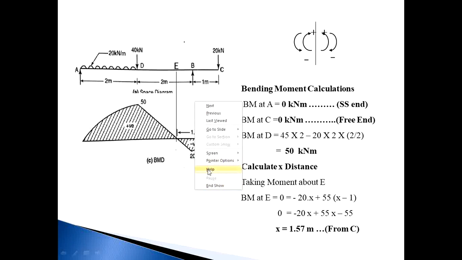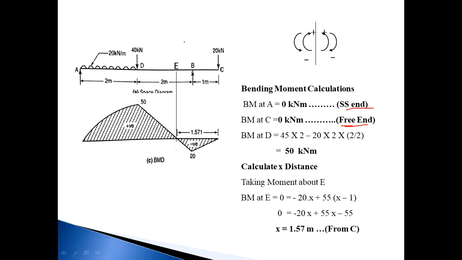Then next, draw BMD. First of all, consider the sign conventions. Bending moment at A is 0 because that is a simply supported end, and bending moment at C is equal to 0 because it is a free end. These are the two conditions; be careful with them.